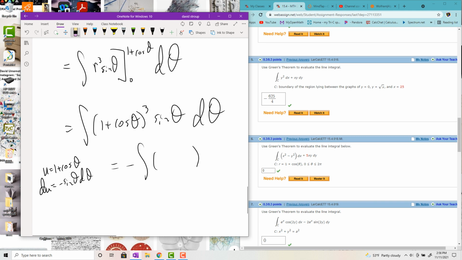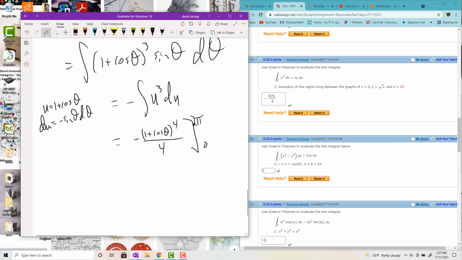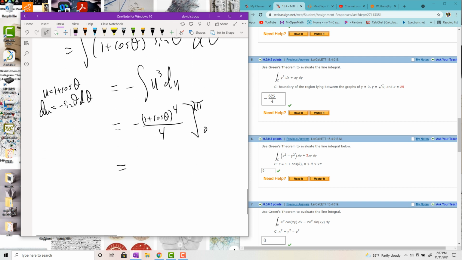That would be negative u to the 4th over 4, so (1 plus cosine theta) to the 4th all over 4, evaluated from 0 to 2 pi. And then plugging in 2 pi, cosine of 2 pi is 1, so you get negative 1/4 minus the same thing, and the answer is 0.